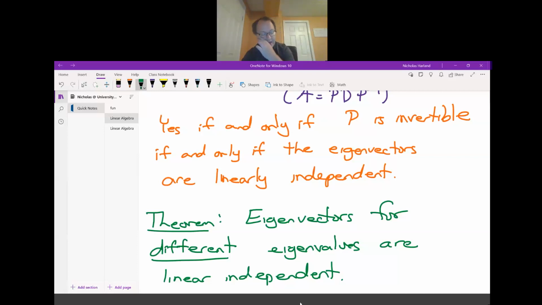And we can tell that, if you think back to the eigenvectors and examples you might have seen, if you had an eigenvalue of multiplicity 2, do you get two different, and by different I mean linearly independent, eigenvectors when you solve for the eigenspace?